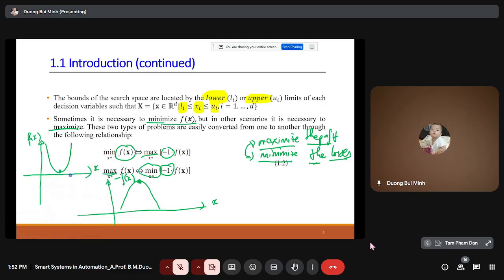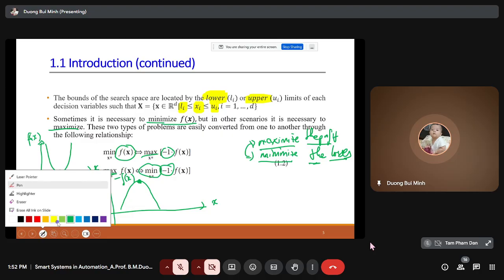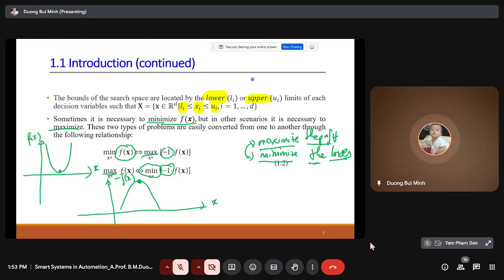For example, if we have the pH curve, do you know the pH curve? Magnetic density and magnetic intensity, right?